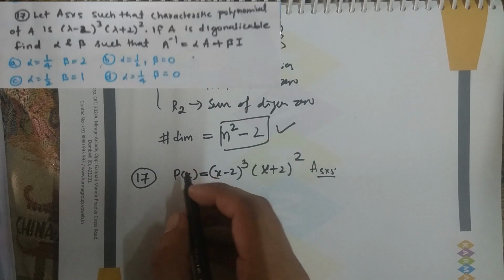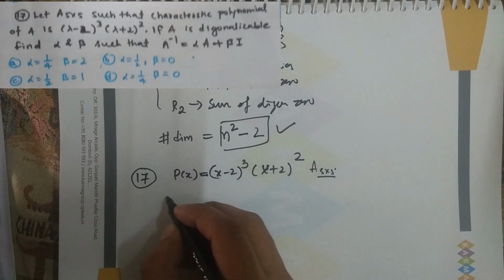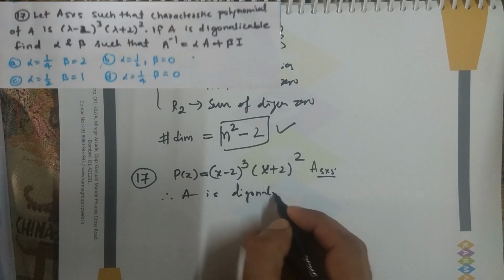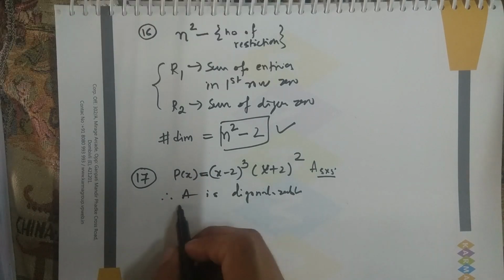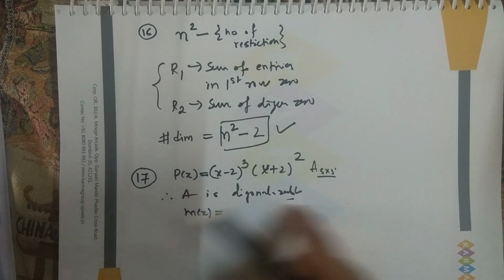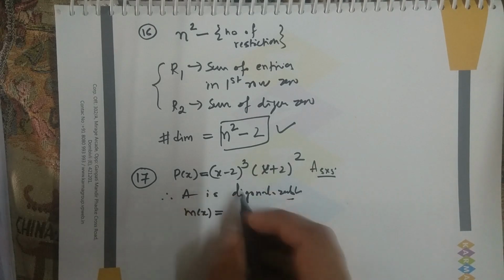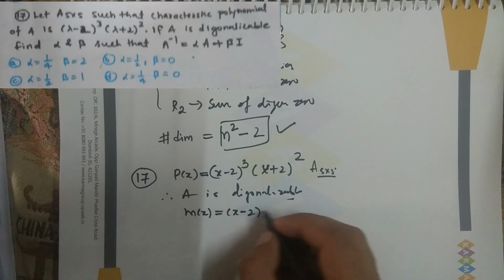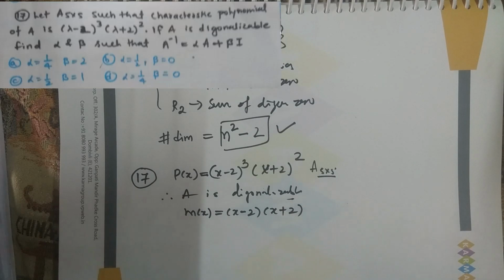Now they have given one more important thing, that A is diagonalizable. And we know that whenever a matrix is diagonalizable, its minimal polynomial is the product of all linear factors. Means m(x) must be (x minus 2)(x plus 2).